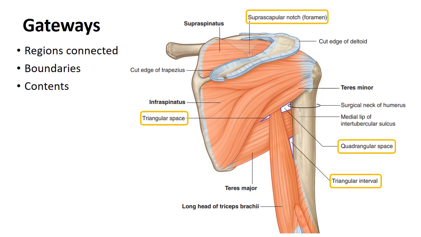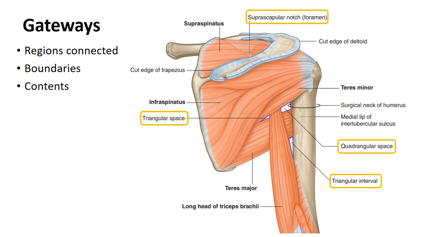Boundaries here: the superior border of teres major inferiorly, the inferior border of teres minor superiorly, and a muscle called the long head of triceps. We will discuss this when we study the arm, so here the triangular space is completed.